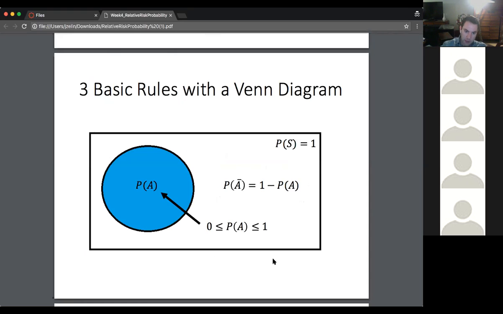The probability of the sample space will equal 1. The probability of A, represented by this blue circle, could be any number between 0 and 1 inclusive. And the probability of not A will be 1 minus the probability of A, which will be outside that blue circle.